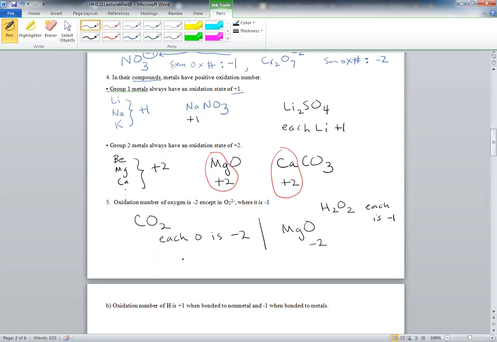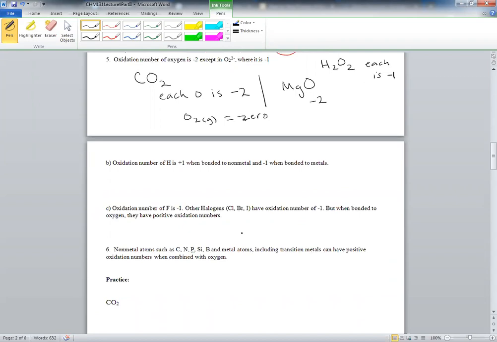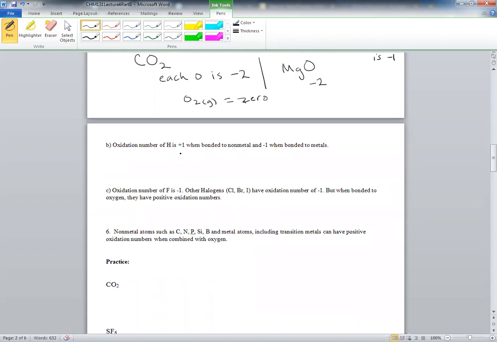Be careful once again about O2 by itself. When O2 is by itself, we said that this was an element. So this would have an oxidation number of 0. So be very careful. The oxidation number of H is +1 when bonded to a nonmetal, -1 when it's bonded to metals.